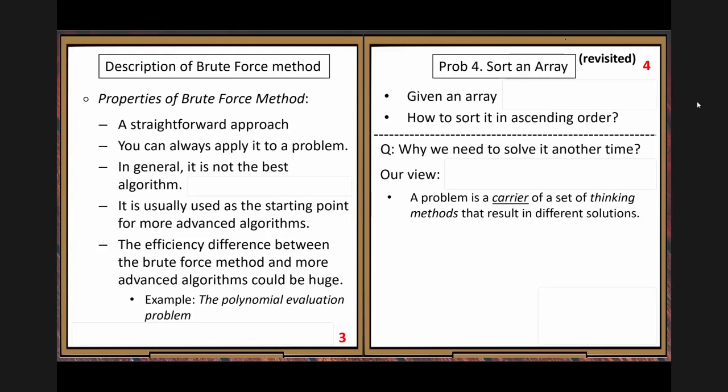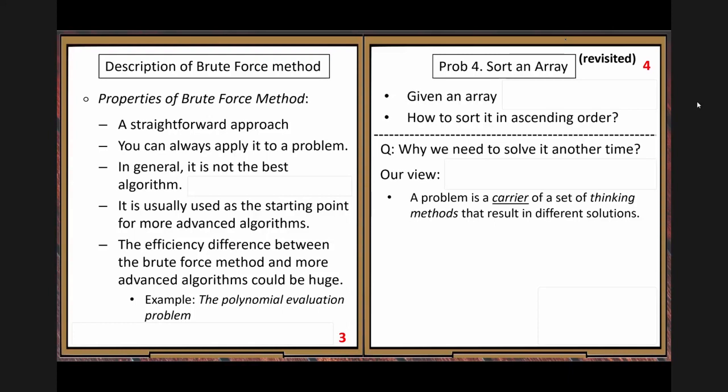But how do we carry those thinking methods? How do you store them? Here, this problem can carry those solutions, those thinking ways. Another way of understanding.